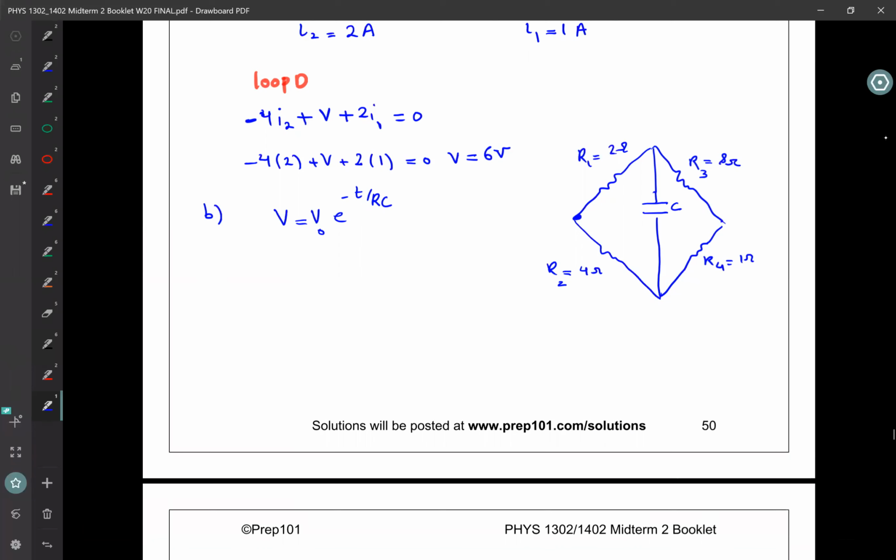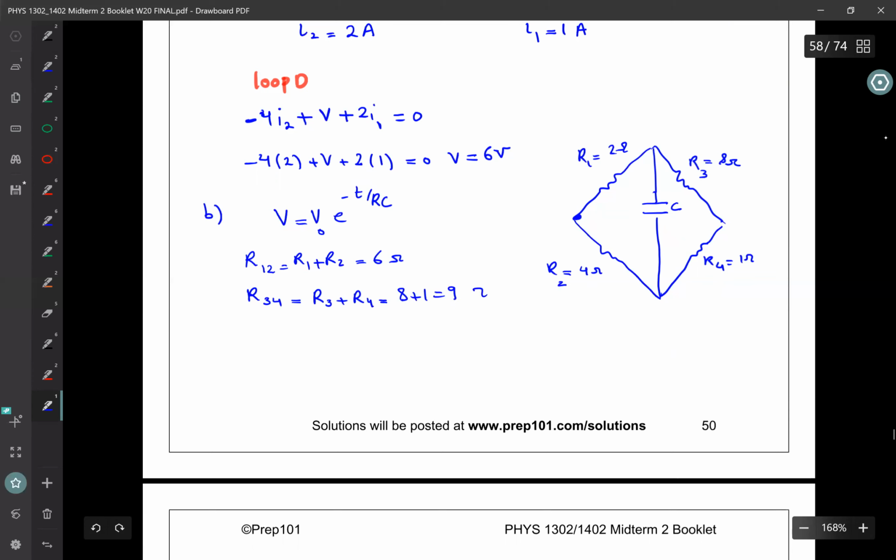The other reason is that now the battery is out of the circuit. The current going through R1 will go through R2 as well. So I'm going to combine R1 and R2, and I have a R12, which is R1 plus R2, and that gives me 6 ohm. Similarly, R3 and R4 are in series, so I'm going to combine them. R3 plus R4 equals 8 plus 1, that gives me 9 ohm.